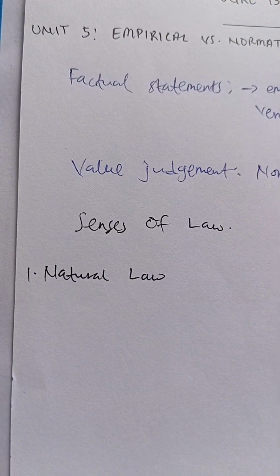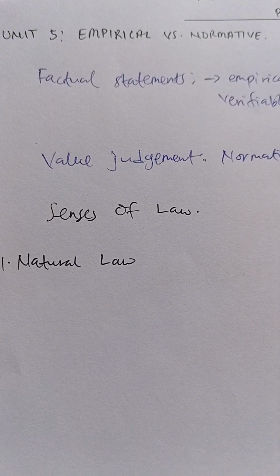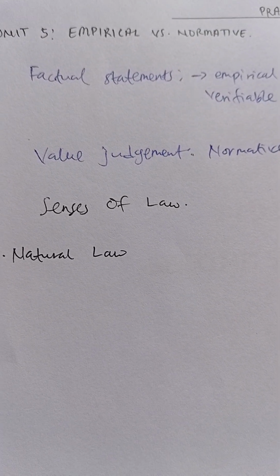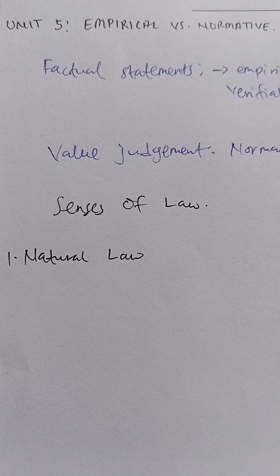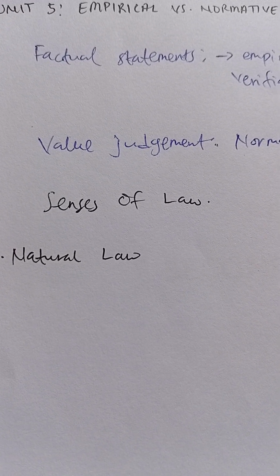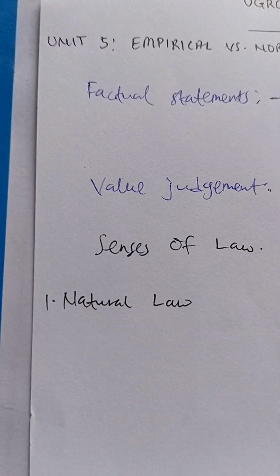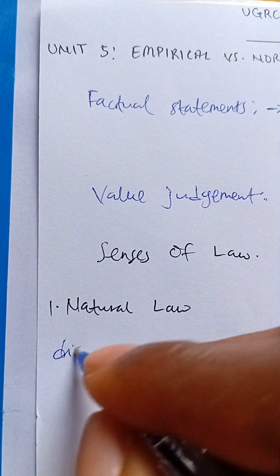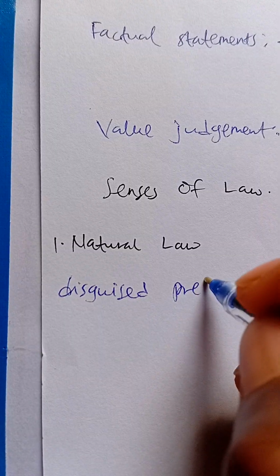And along the way, we are going to group each of the laws as either empirical or normative. So natural laws are basically scientific laws about nature. They describe features of things we observe around us. And they are disguised predictions.